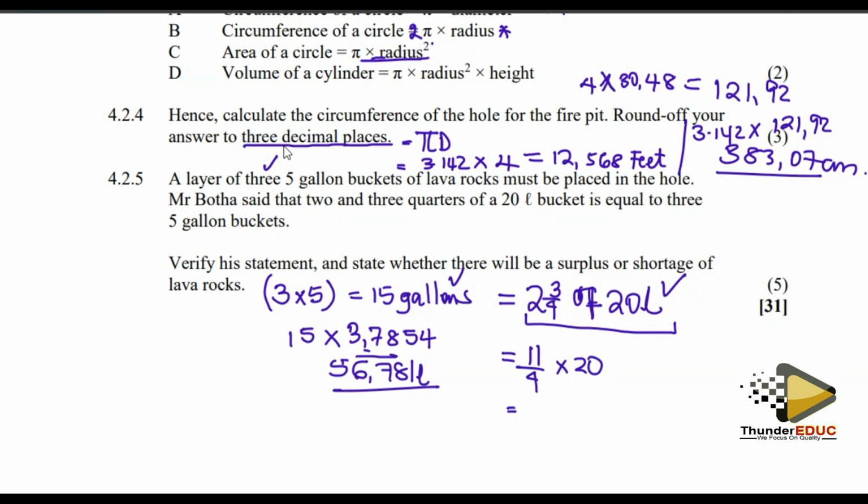So 11 out of 4 times 20, we end up having 55. So 56,78, it's not the same as this. So it's what? Shall say it's invalid.